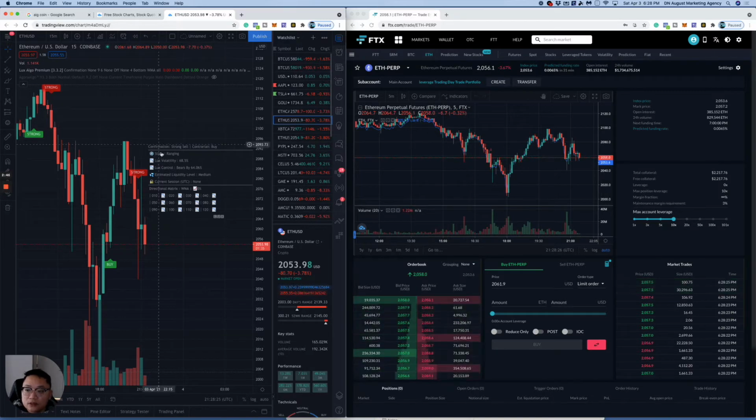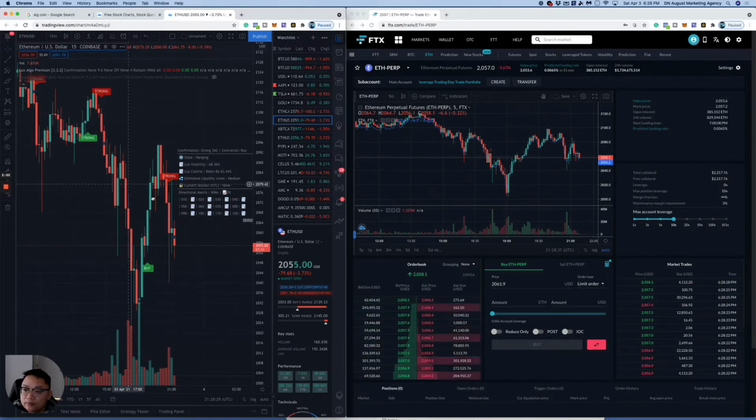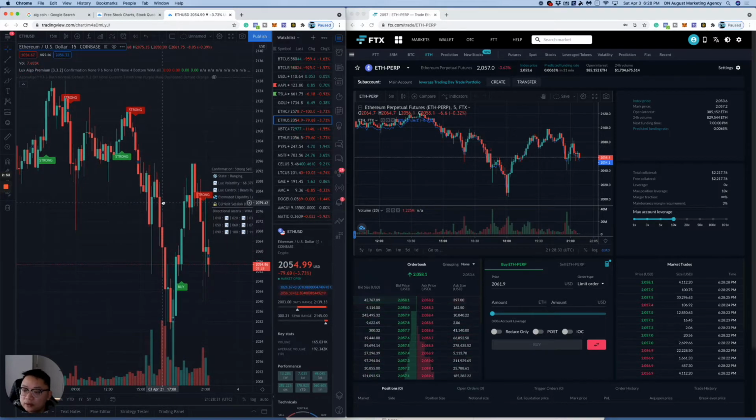Okay, so we're trying to figure out what's going on here. If you look at the chart, we went all the way up to 2124. Then we dipped down a little bit, down to 2092, went back up to 2115, and then we went all the way back down.